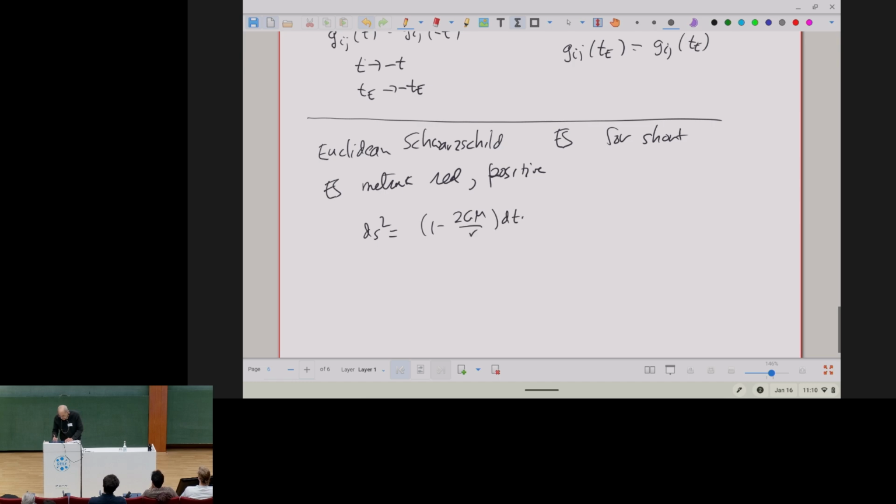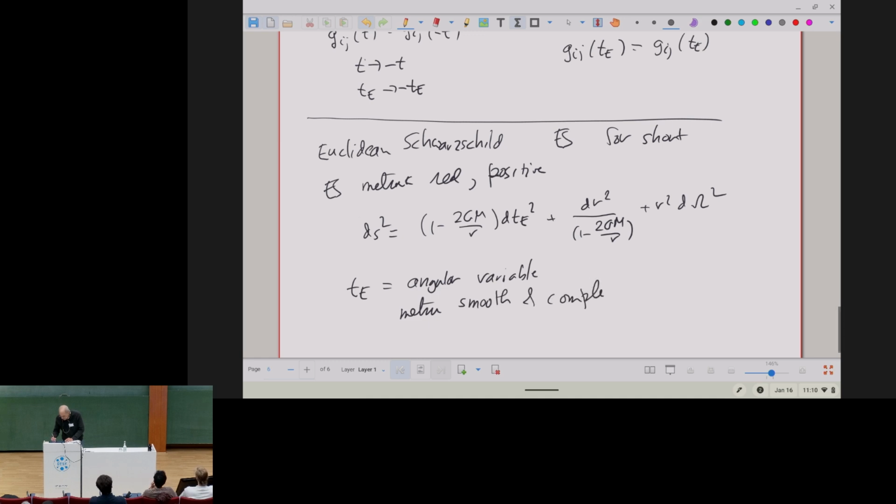But the main observation about it, which was made by Gibbons and Hawking, and is quite remarkable, is that if we interpret tE as an angular variable, then this metric is smooth and complete. It's a completely non-singular good metric if tE is an angular variable of the correct period.